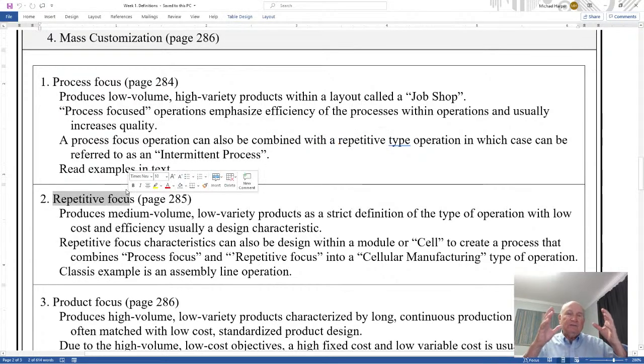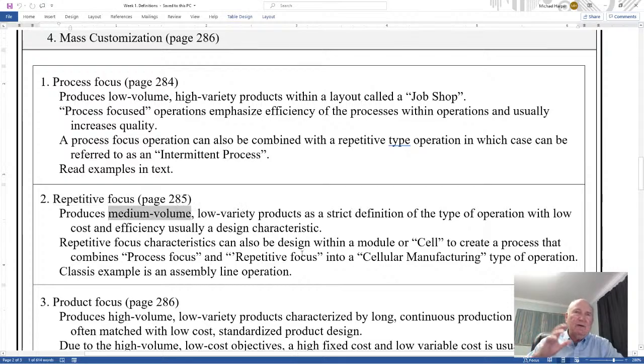So you can have a process focus and repetitive together, and that's called intermittent. But I say medium volume because even though it's repetitive, you're changing over to a different product line or a different product, like in a job shop. Low variety products, because you don't have a lot of different products you can make.